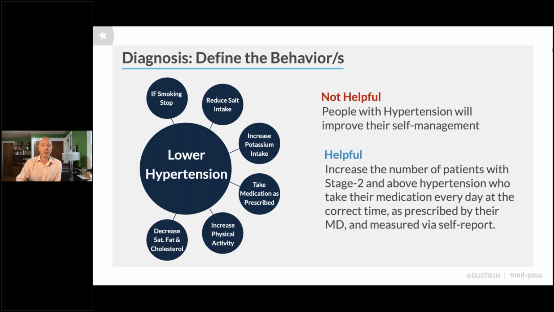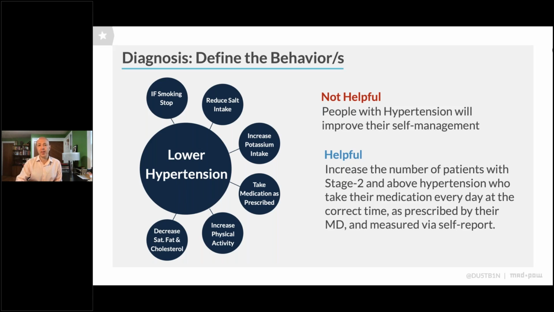That level of specificity is what you're looking for to help you really understand and picture the behavior in the context so that we can clearly understand what affects that behavior, right?